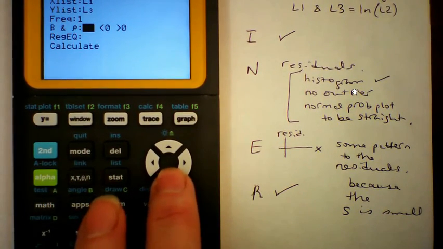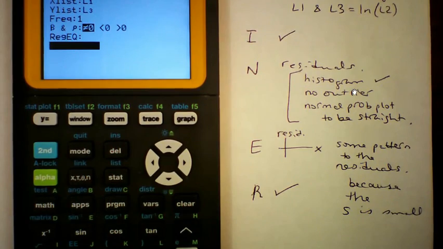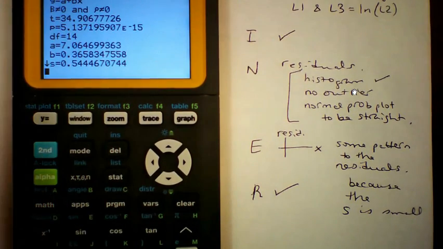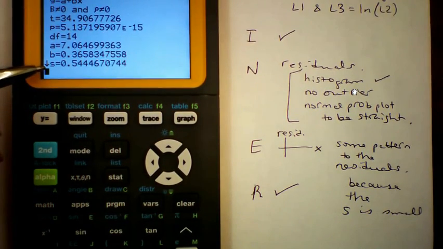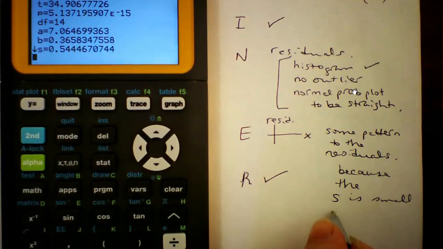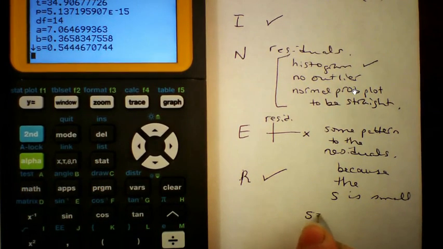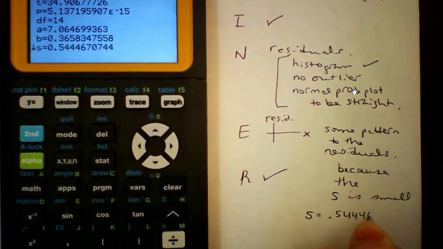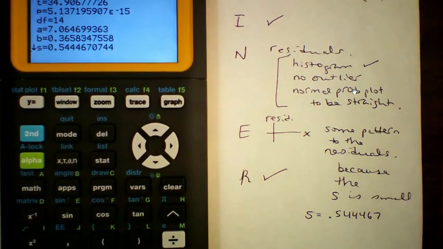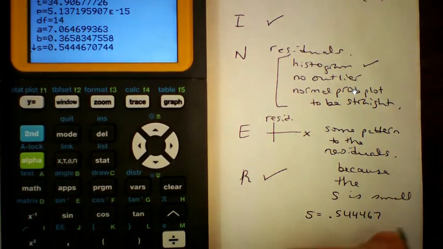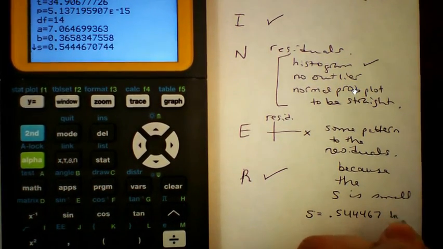And if I go down and I just go Calculate, then I can get my standard error of the residuals really quickly. So my S is small. The S was equal to 0.544467, the units being natural log transistor.